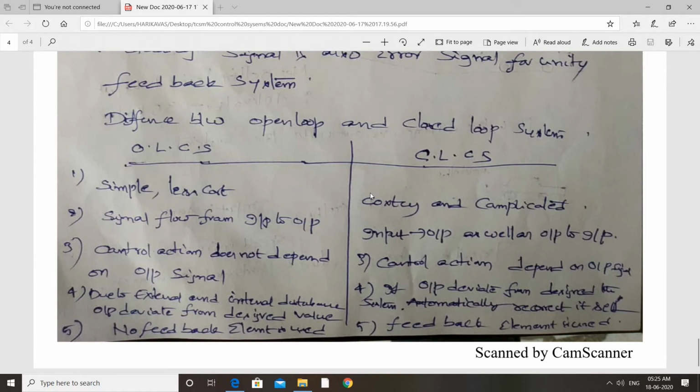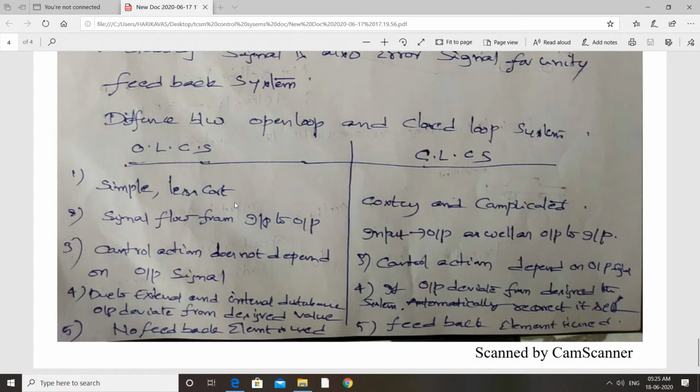As we discussed with this example, we will differentiate the open loop control system and closed loop control system. So the open loop control system is very simple because the signal is moving from input to output, and we are using fewer components only. So that's why it is less cost.